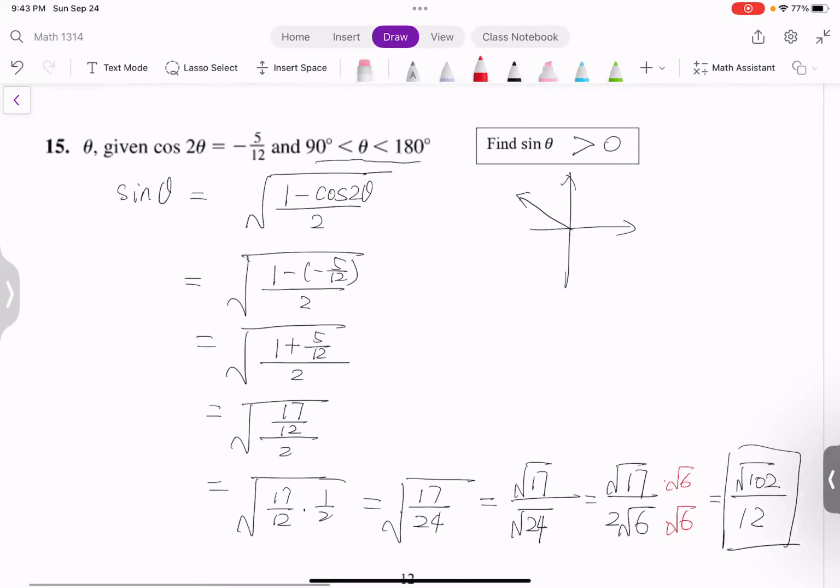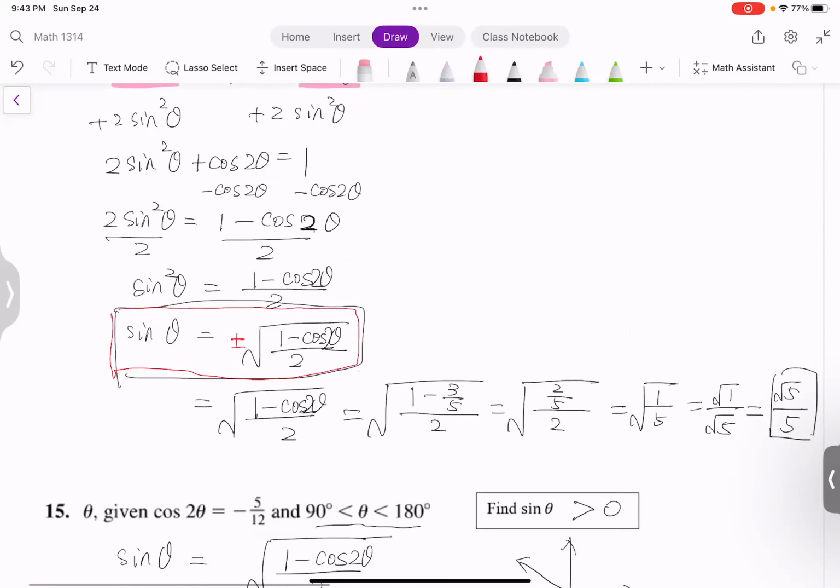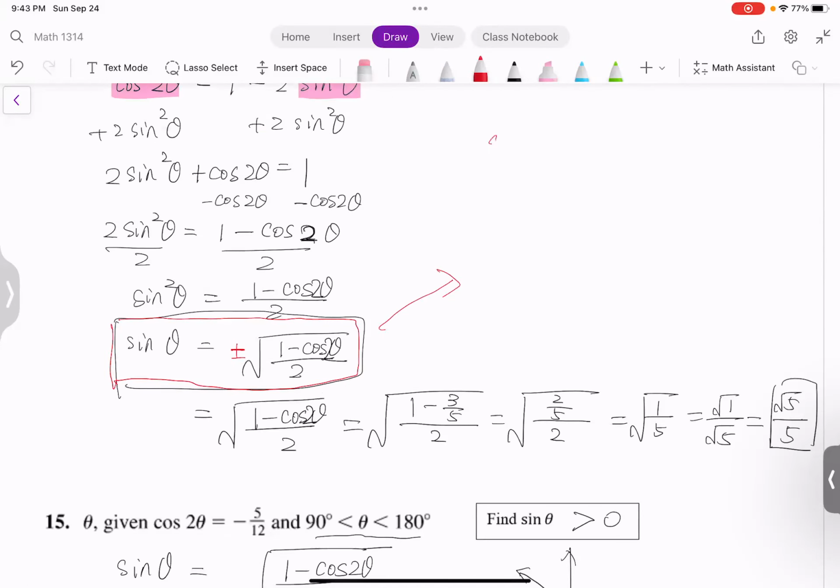And now let's see this. Let's pull out this formula here. If I have sine theta, that equals positive or negative square root of (1 minus cosine 2 theta) over 2. Now, if I look at the angle, here is theta, here is 2 theta. That means on the right side of the equation, in the cosine part, that's 2 times theta.